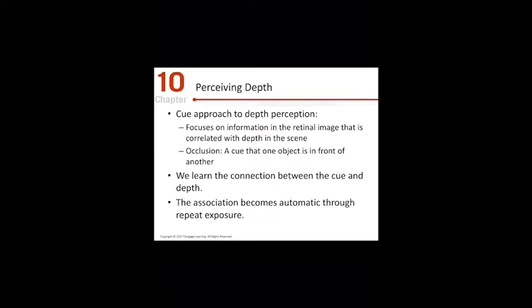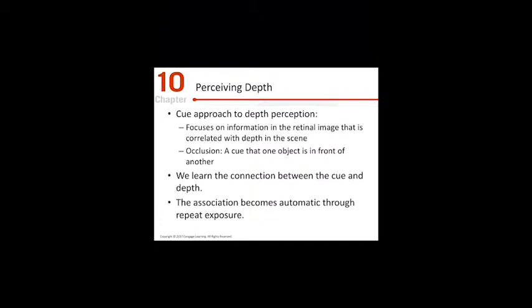And over time, through our experience in our environment, we learn to connect the cues that we get from our environment with depth. For example, with occlusion. Occlusion is something that we use after being in our environment for a period of time. And we're going to talk about some studies later on where if you aren't exposed to the right sets of cues, or if you have an issue with one of your eyes, that's going to affect your depth perception, and you're not able to use those environmental cues to perceive depth properly.